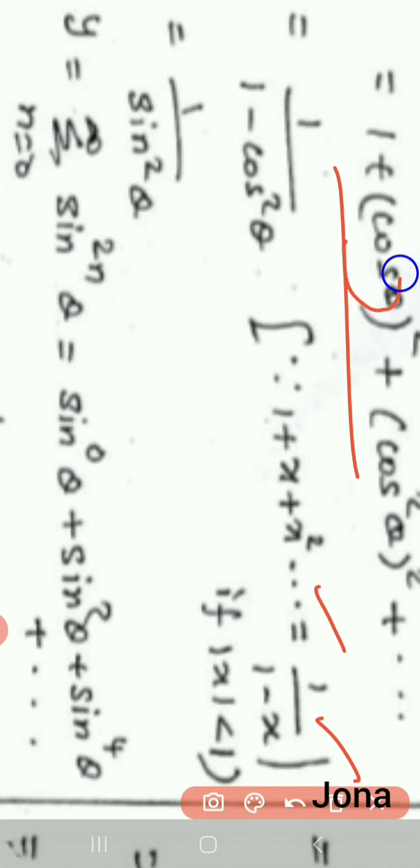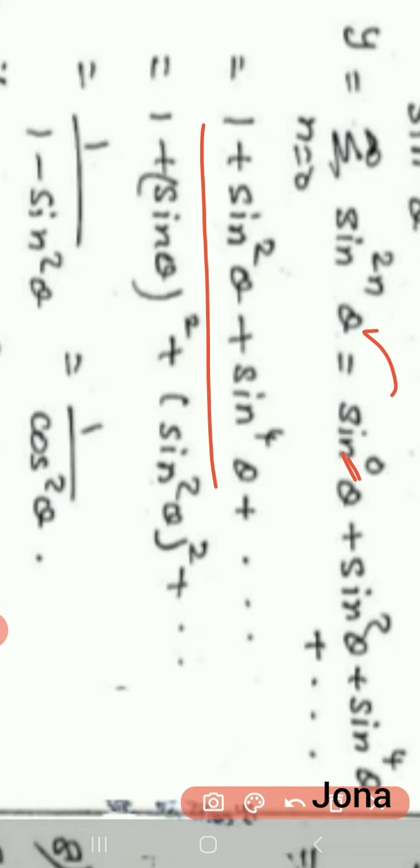So instead of x we have cos square theta. Okay, so the answer will be 1 by (1 minus cos square theta). That 1 minus cos square theta is nothing but sin square theta. So now we got x equal to 1 by sin square theta.